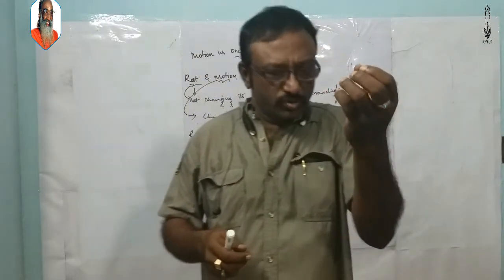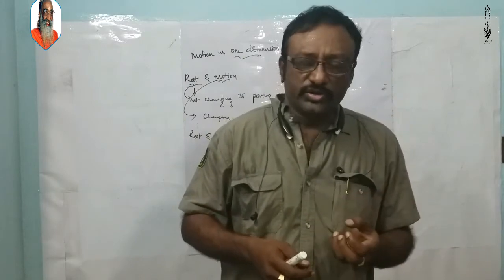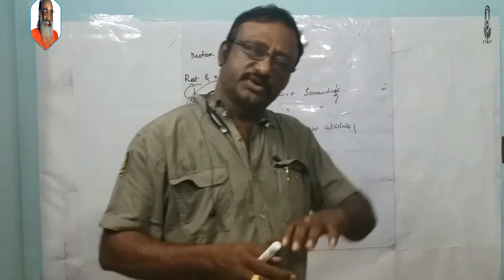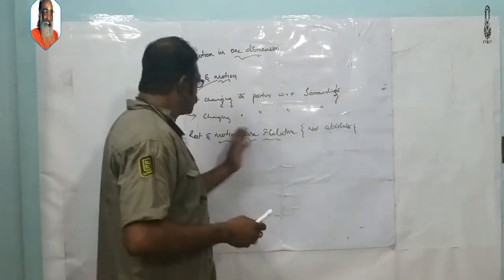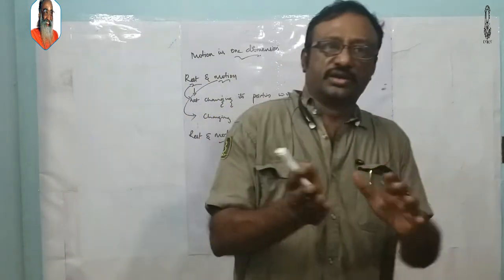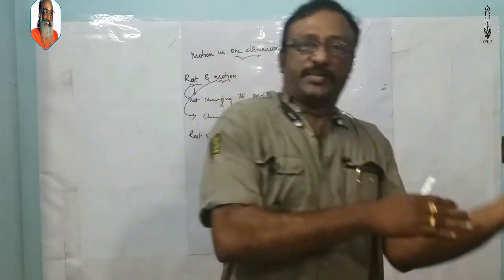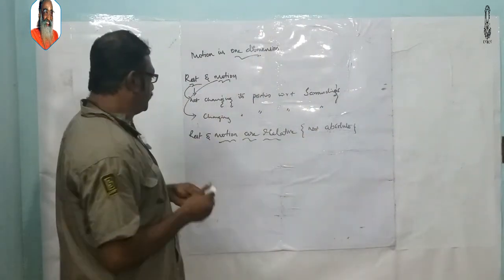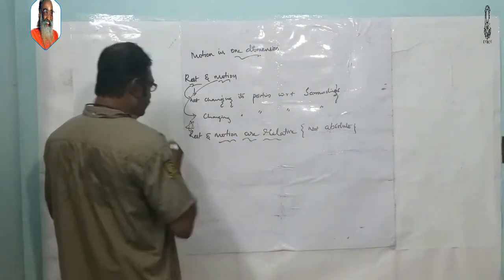So with respect to one body, the body is at rest, and with respect to another body, the body is in motion. So this shows that rest and motion are relative. They are not absolute, that means they are not independent or by their own. Just keep this in your mind.